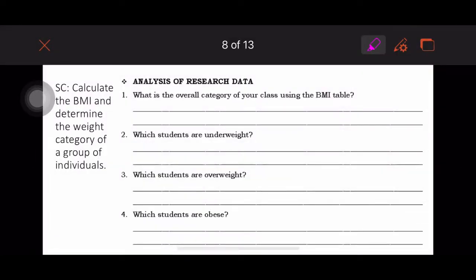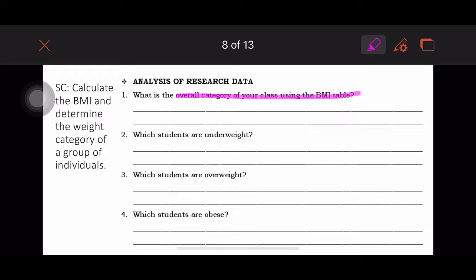So what is the overall category of your class using the BMI table? Are there more who are underweight? Are there more who are normal? Are there more who are overweight or obese? You have to say most of my classmates, or most of the people in my class are overweight, or most of the people in my class are normal, or most of the people in my class are underweight.